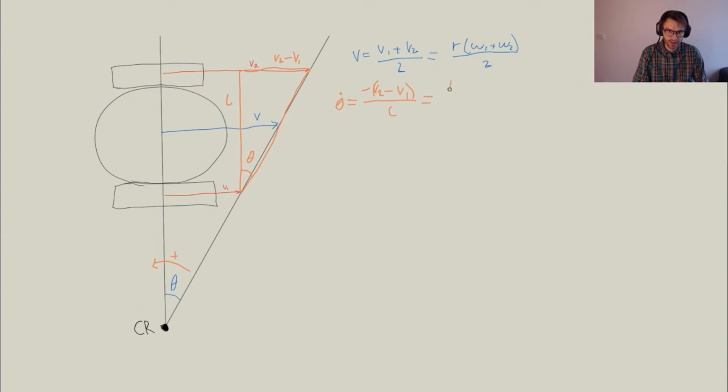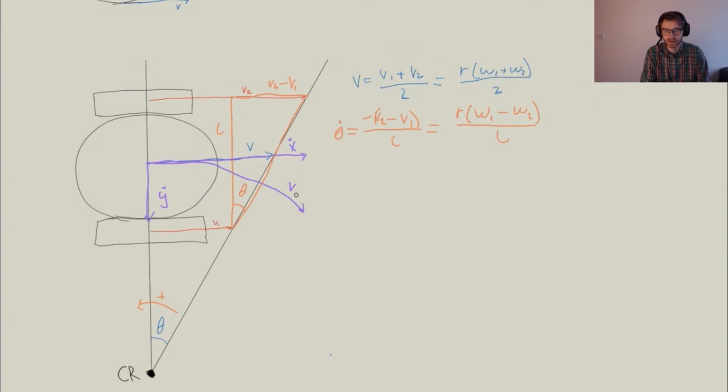So we get r, which again we can have outside, times omega 1 minus omega 2, divided by the wheelbase length, L. So now we know the angular rate of rotation and the linear speed of the Turtlebot.